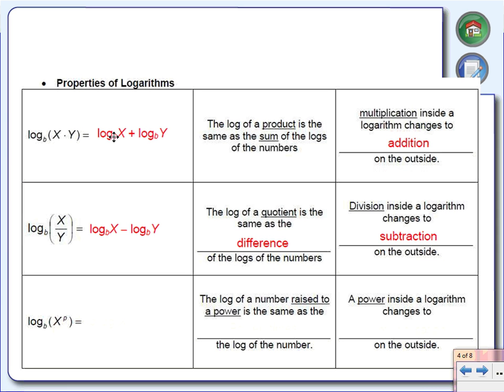And the next one down there, that's the last one that we just got through looking at, log base b of x to the p power. What do we say we were going to do with that exponent? That exponent is what we are multiplying by. Okay? So this right here now becomes p times the log base b of x. That exponent is what we're multiplying by.